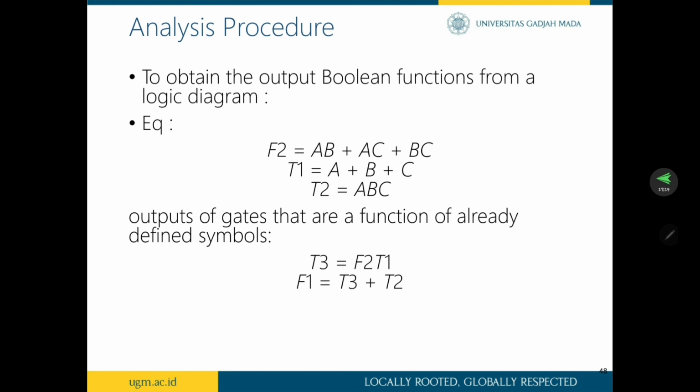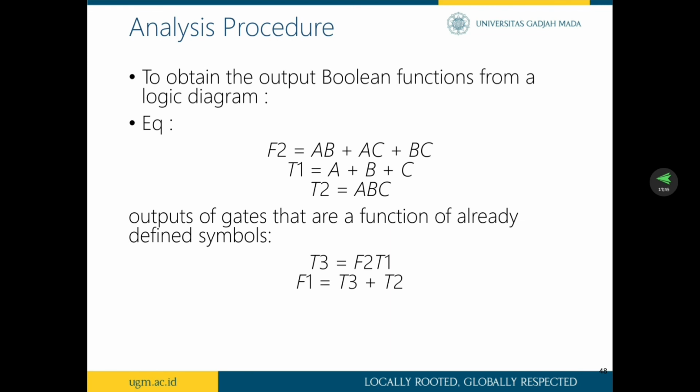To analyze the procedure, to obtain the output Boolean function from a logic diagram, we have F2 as a dot b plus a dot c plus b dot c, and T1 is a plus b plus c, and T2 is a dot b dot c.